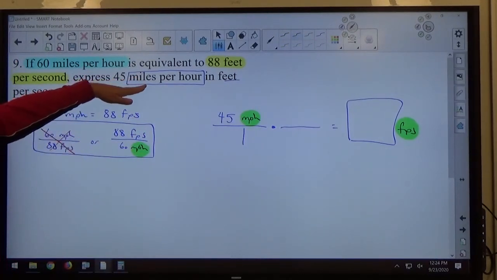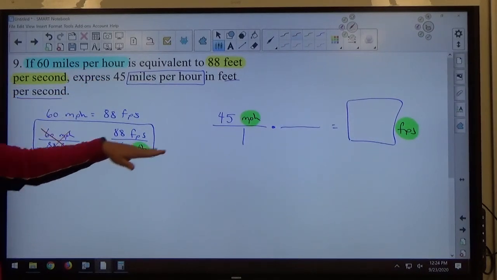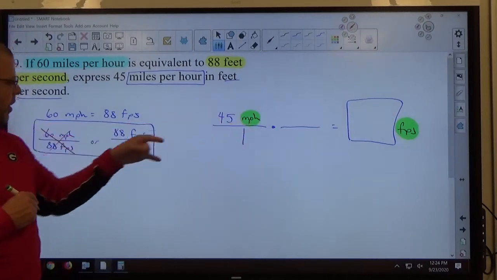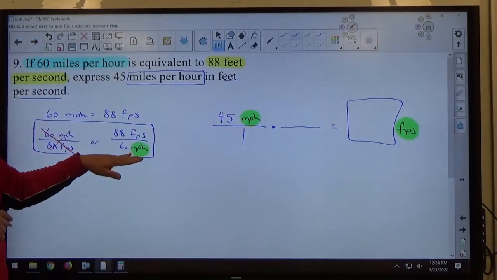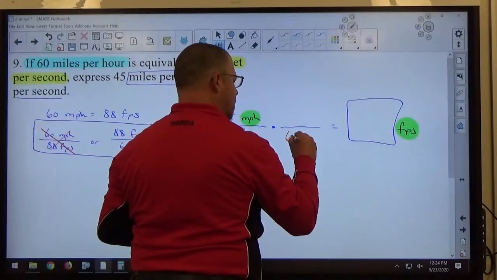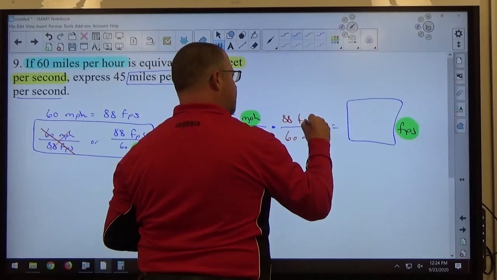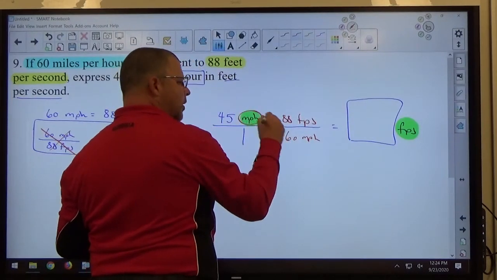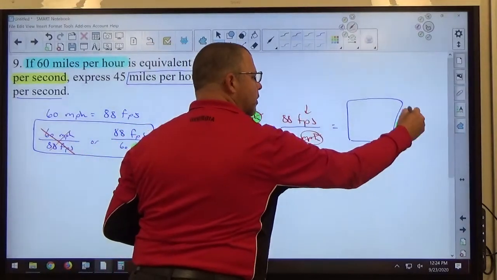If they give me feet per second to change miles per hour, and I want to get feet per second to go away, now I have to use that one. So again, you position where it goes, then you pick the one that makes that go away. So I want miles per hour to go away. This makes miles per hour go away. So 60 miles per hour on the bottom, 88 feet per second on top. Mile per hour on top, mile per hour on the bottom. Cancel, cancel, leave me with that unit, which is what I want.